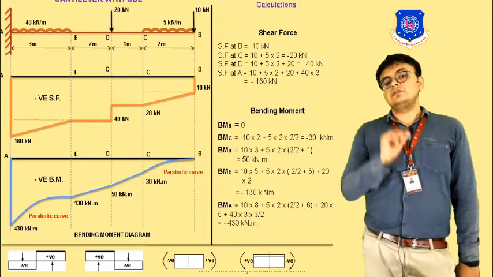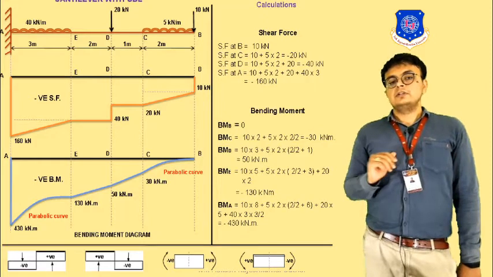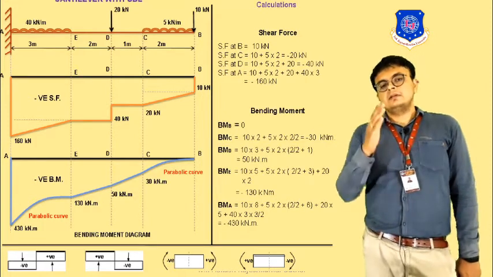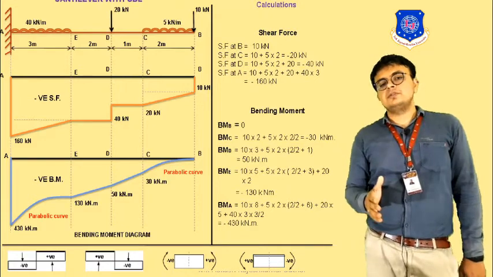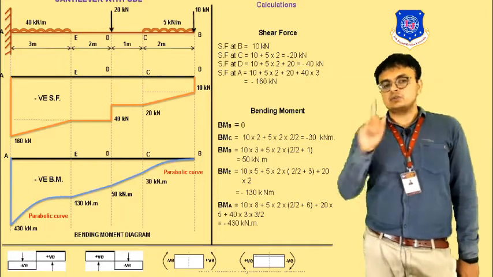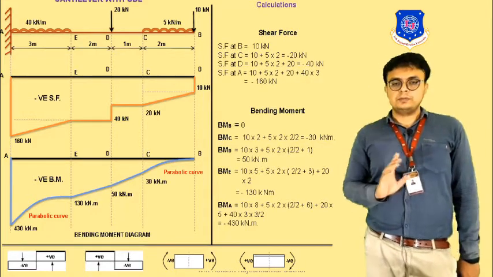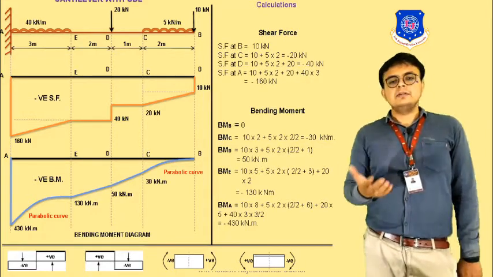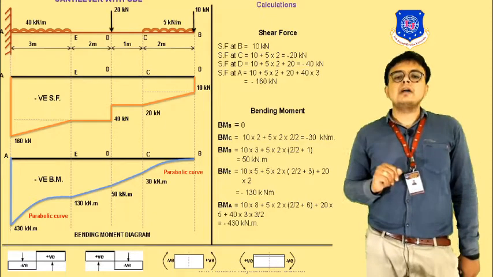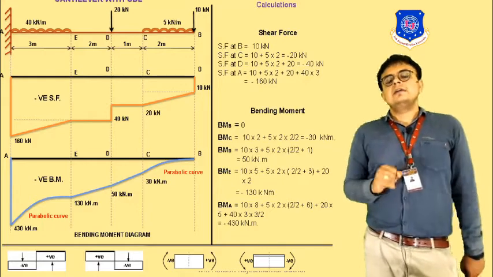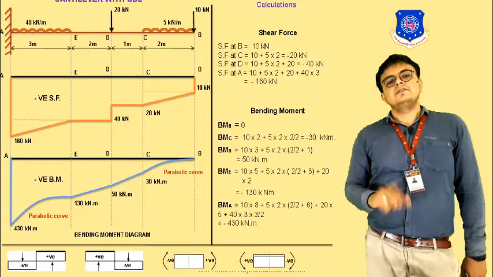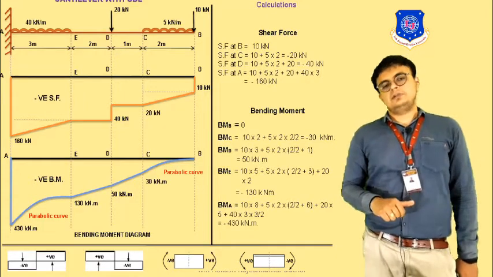After that, we have the UDL of 5 kilonewton. The distance from half the UDL span to E will be equal to 2 plus 1 plus 2 by 2, that will be equal to 4 meter. So 5 into 2 into 4 will be the moment caused by the 5 kilonewton per meter. After that, we have the 20 kilonewton load.